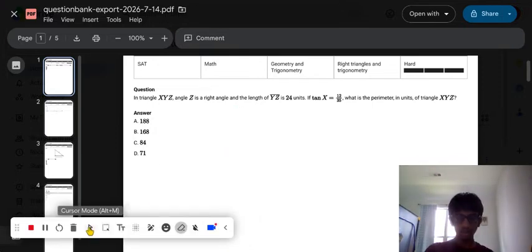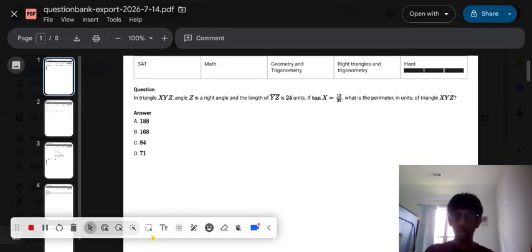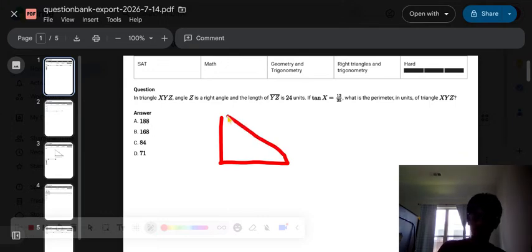Now moving on to your problem, it says in triangle XYZ. Okay, so let's draw a triangle. Z is a right angle. So this is the right angle, and it's Z. So if this is XYZ, then this could be angle X, and then this could be angle Y. I know this is not the best drawing in the world, but it's as best as I can do.